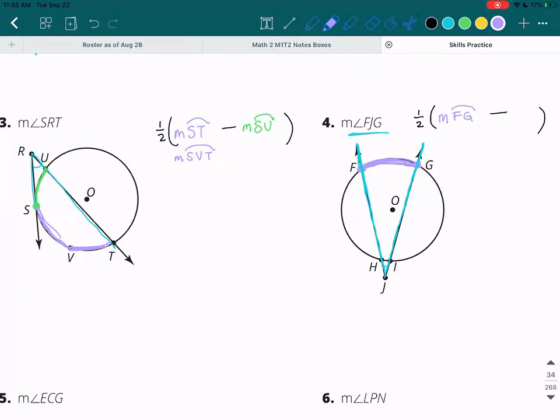Our little one also gets hugged or eaten by the blue lines. So which letters represent our little arc?